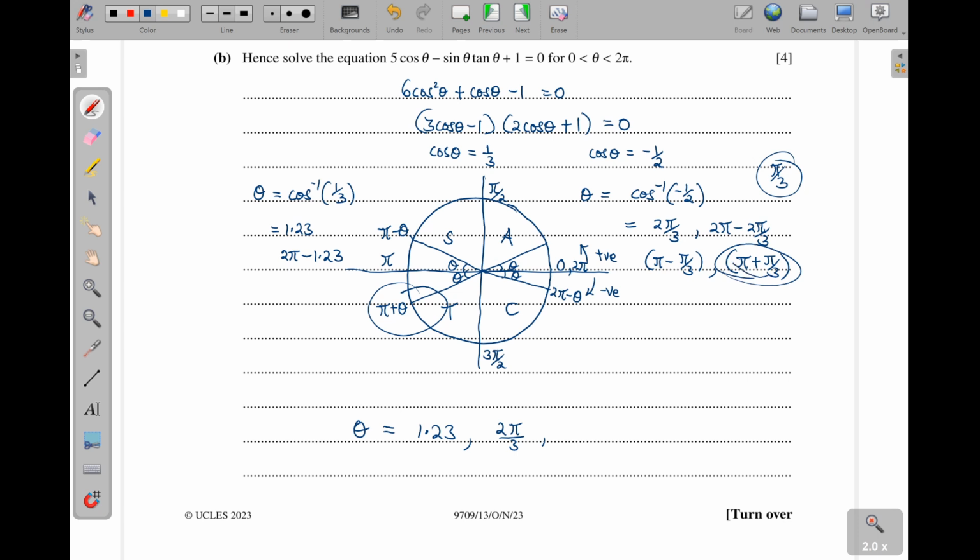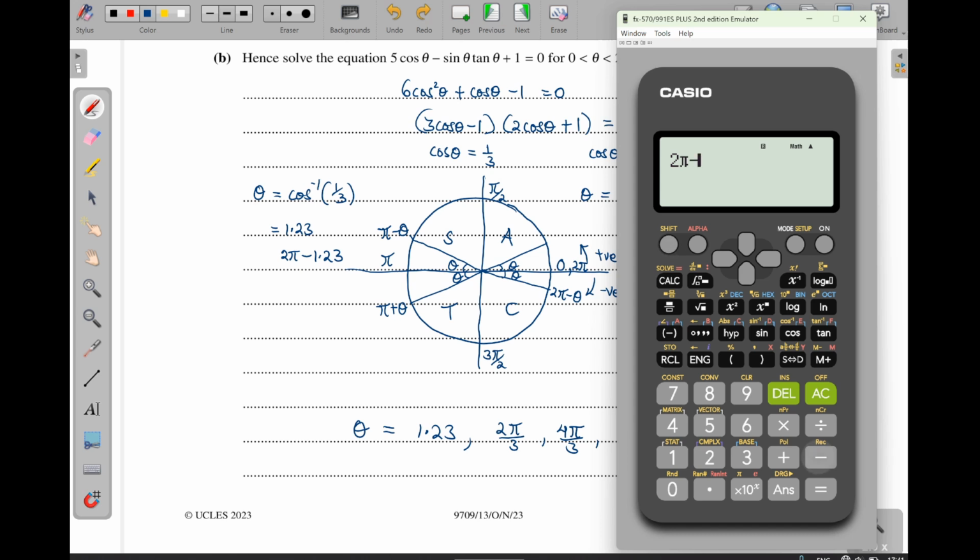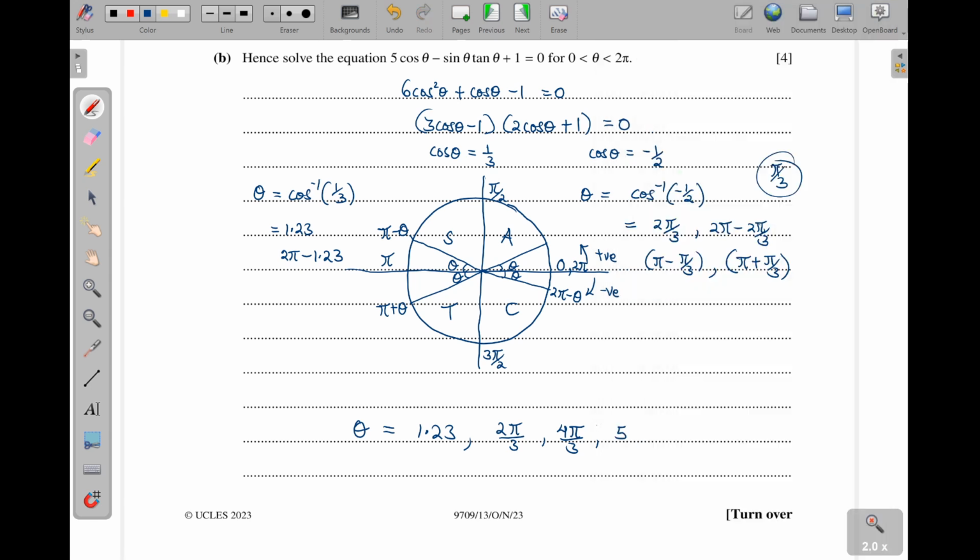So this will be 3 times 1, that is 3 plus 1, that will be 4. So we shall have 4 pi over 3. And then lastly, we shall have this one here in the fourth quadrant. Okay? 2 pi minus 1.23. That one gives us 5.05. So I will write 5.05. And these ones are to 3 significant figures.